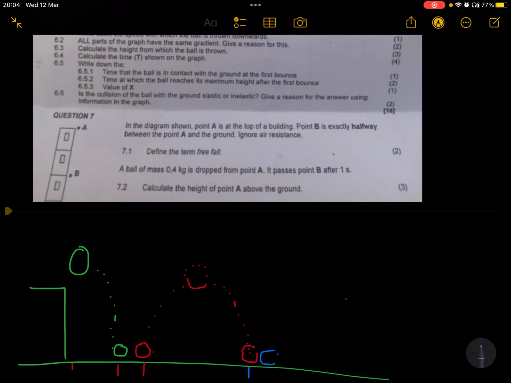After some time, it moves up, or does it?